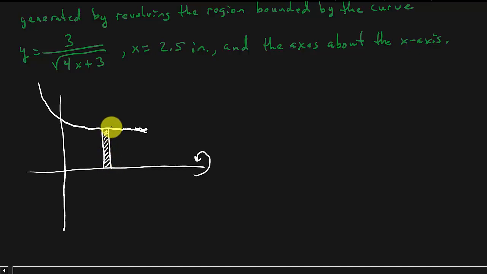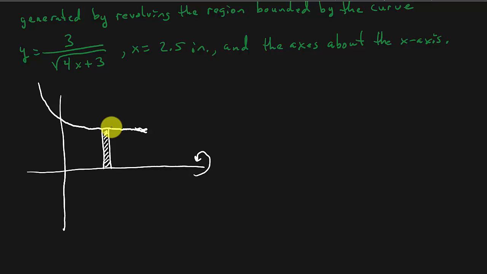If you're not understanding how we're setting this up, then you would need to go back and watch the video on the disk and shell method, cylindrical shells, whatever I called it. It's in the applied calculus playlist. So go back and watch that. That goes into more detail about how to set this up.